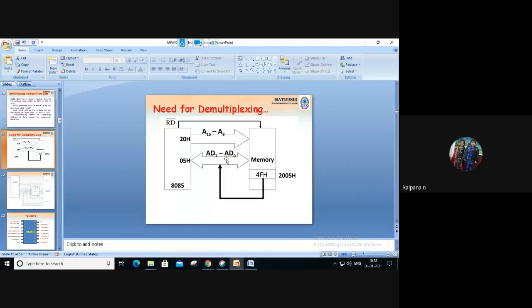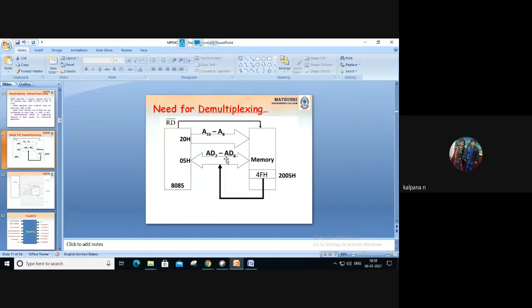And when this one pin is enabled, two operations should be done. How are two operations done? Depending on the clock cycle. For every instruction, 8085 will allocate a certain time for the execution. That may be in milliseconds, microseconds, or some hundreds of microseconds or nanoseconds.